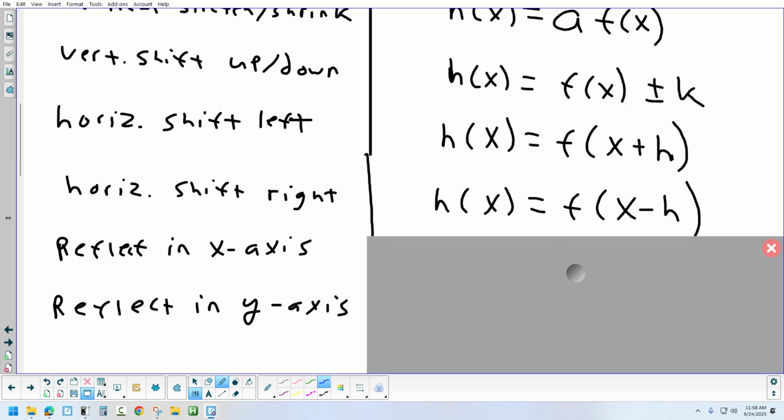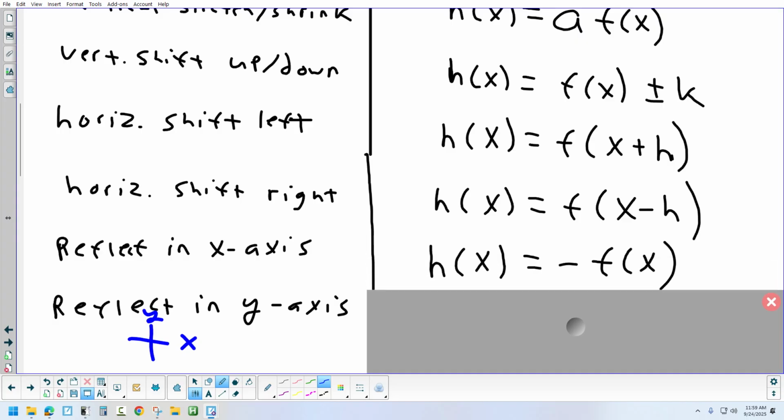And the last two are the reflections. If you want to reflect over the x-axis, that's a vertical reflection over the x, up to down. Where would you put the negative? Would it go inside or outside? It would go outside, out in front of the whole thing.